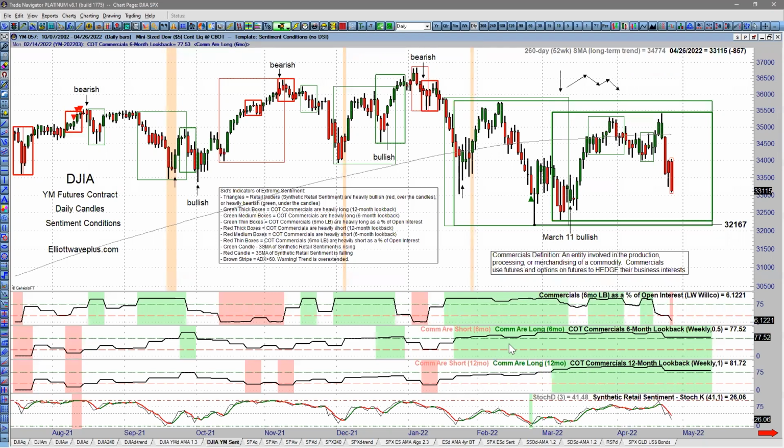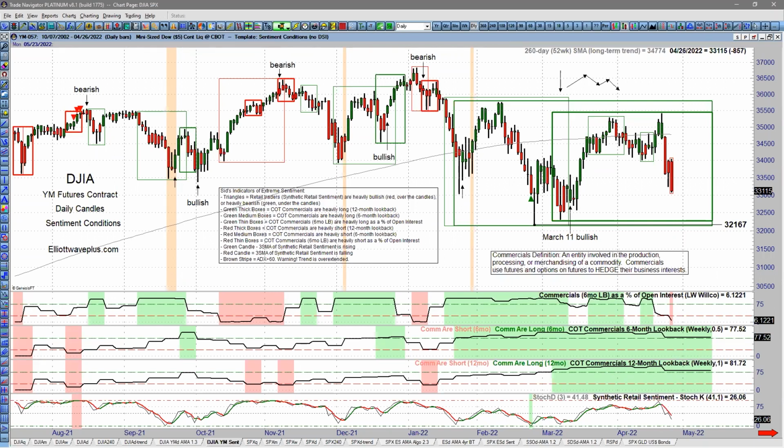I might have said bearishly before, but bullishly, if it's green. And they're also positioned bullishly on a 6-month look back and currently on a 12-month look back. So if I were going to generalize how the commercials are positioned on the Dow Jones Industrial Average right now, it is on the long side. The commercials are positioned on the long side.